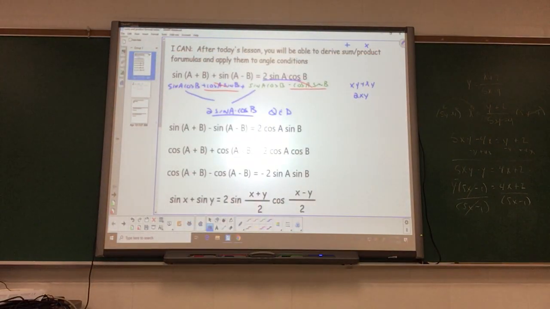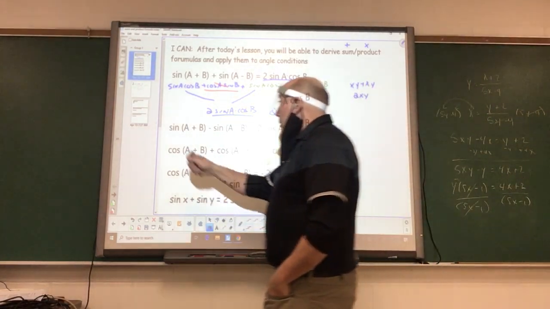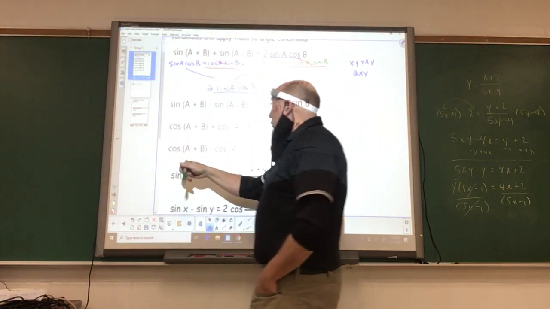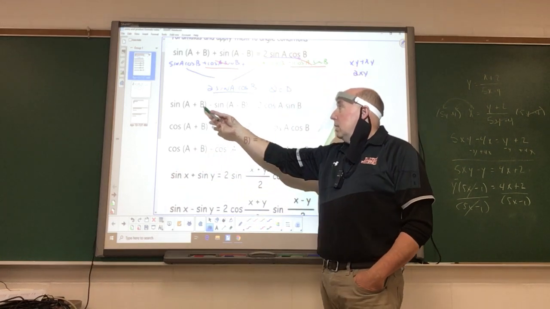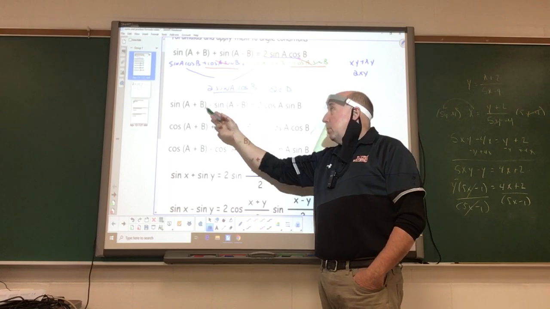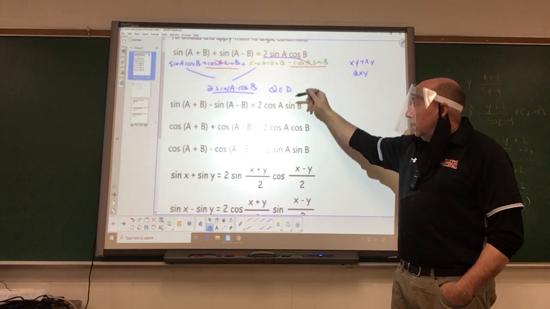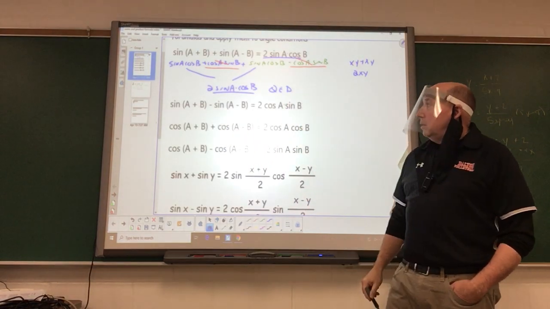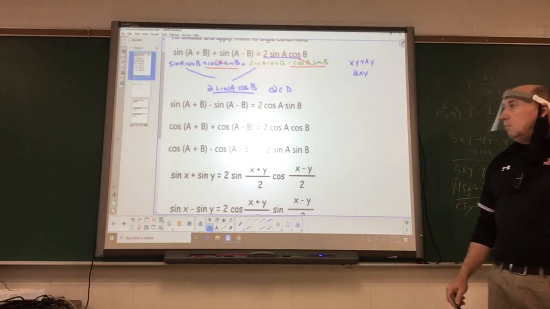So you will be asked to prove one of these formulas here. You're going to expand out using your angle addition formulas. 2 terms will cancel out, 2 terms will be able to combine. What I have here is the other 3 combinations. Sine a plus b minus sine a minus b will simplify into 2 cosine a sine b.